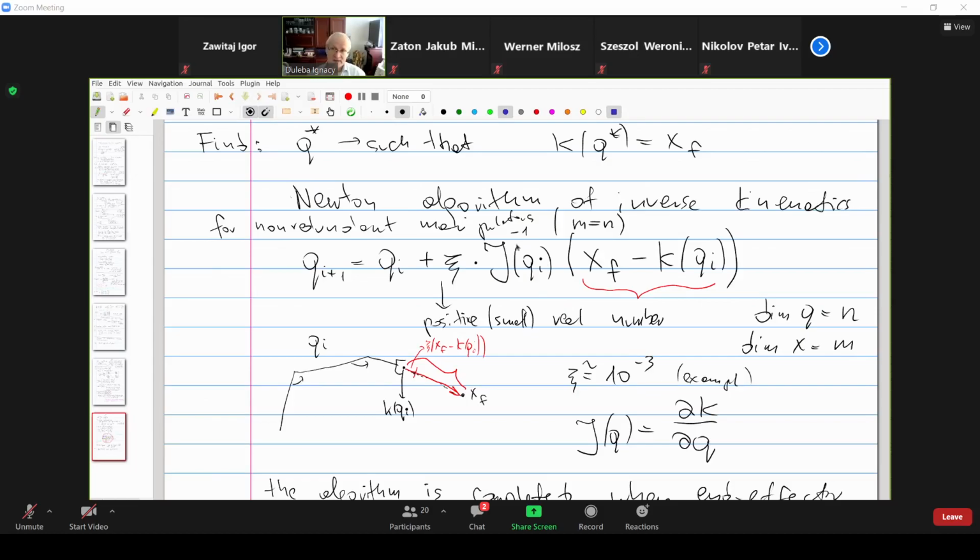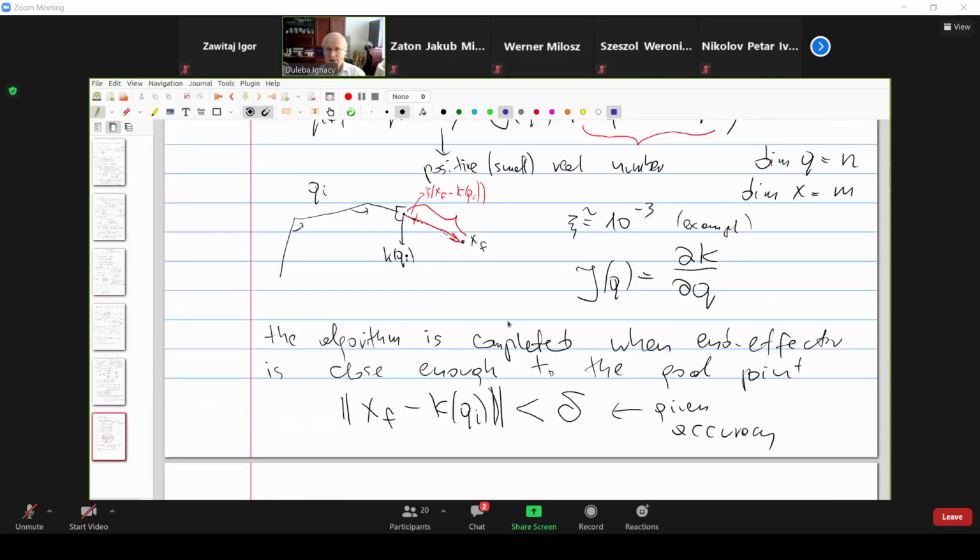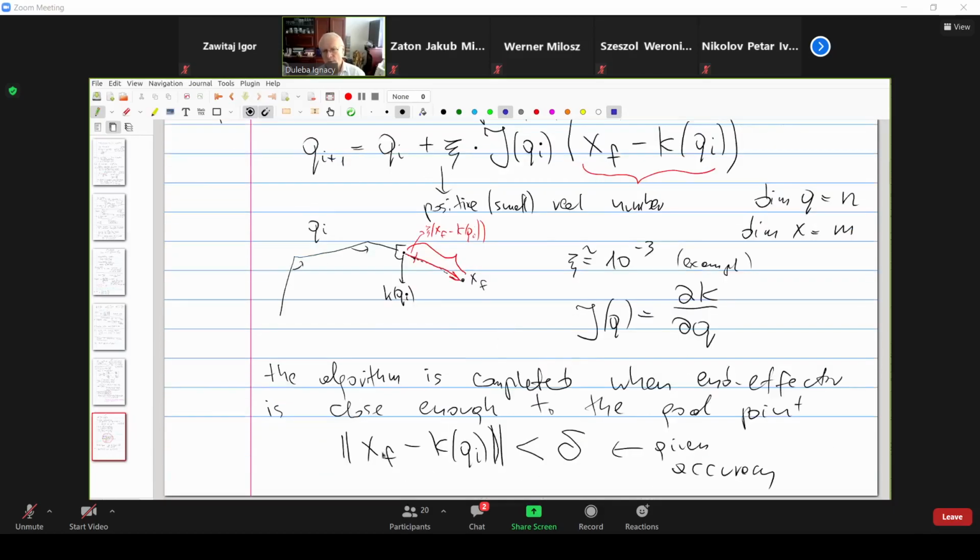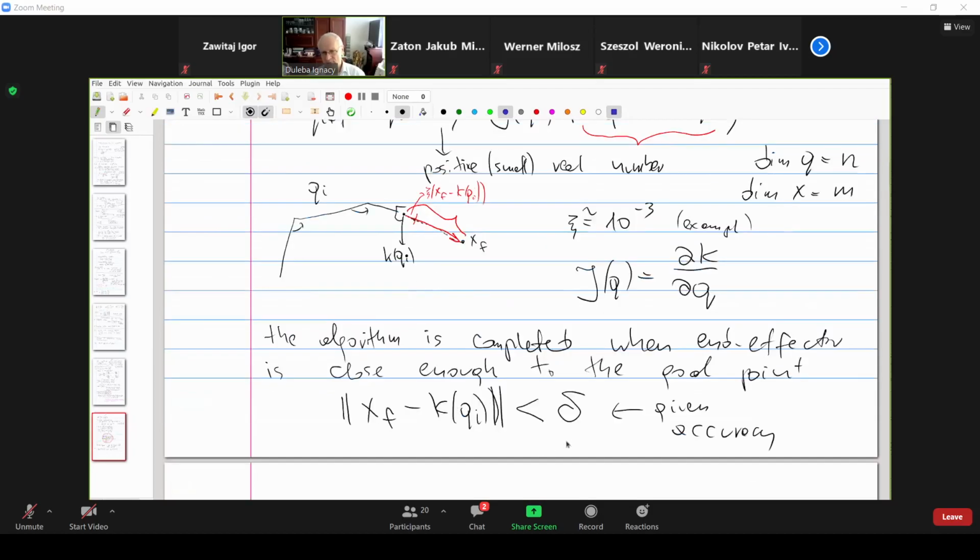So in our terms, it works quite well when consecutive configurations are regular. The algorithm is stopped when we are close enough to the destination point. Of course, we need to set a threshold, a given accuracy. It is maybe 1 millimeter, for example.